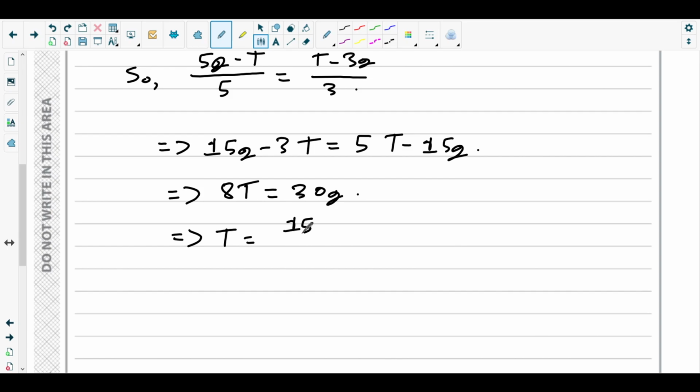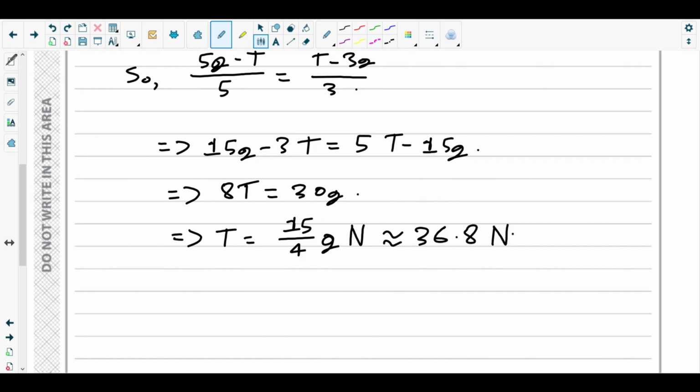So the value for T is 30g over 8, which is 15 over 4 g Newton, which is basically, up to three significant figures, 15 over 4 times 9.8, that is 36.75. So we can write 36.8 Newton.